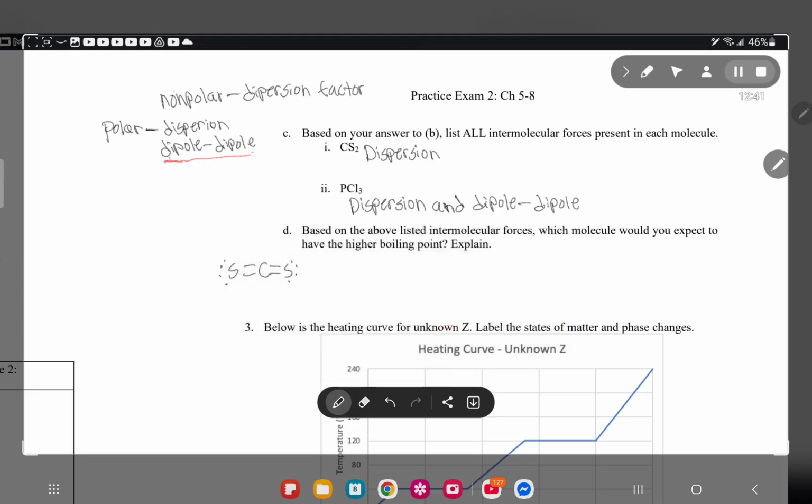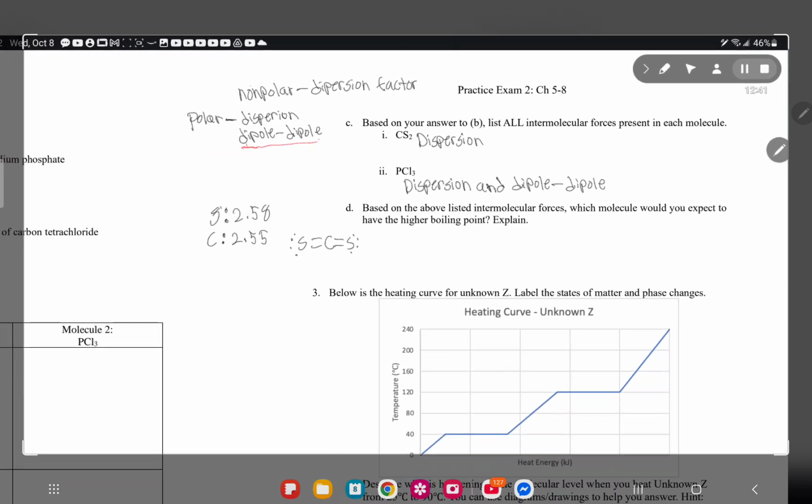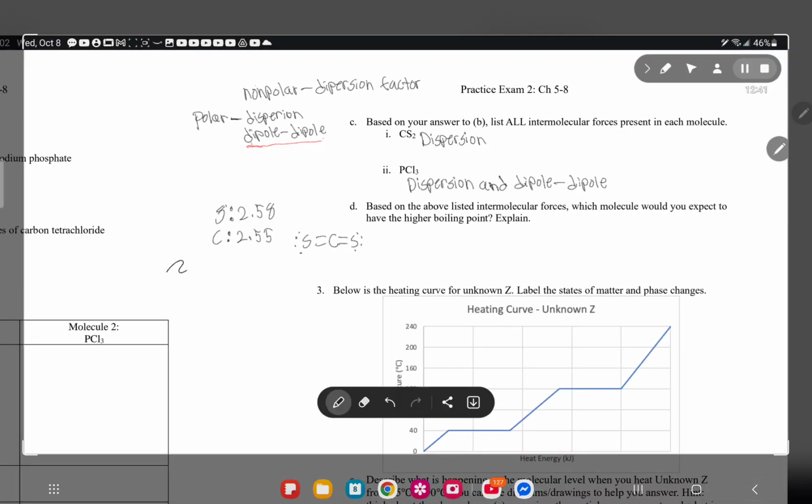And each of these values is going to show: S is going to have an EN value of 2.58, and C is going to have a value of 2.55.